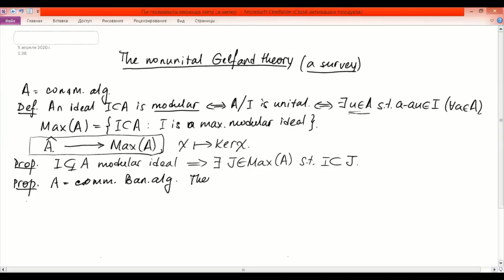Then, first of all, all characters of A are continuous, and actually they are contained in a closed unit ball of the dual space.